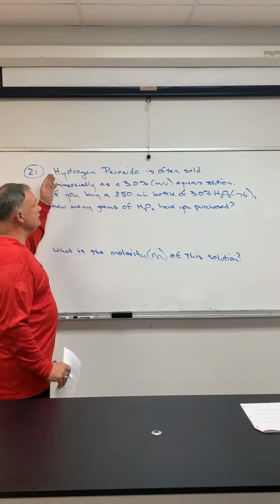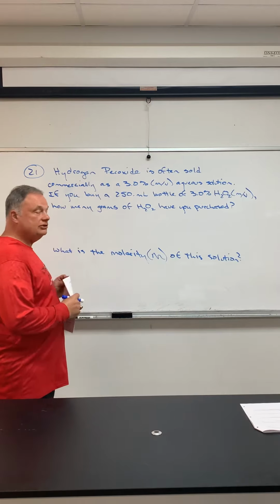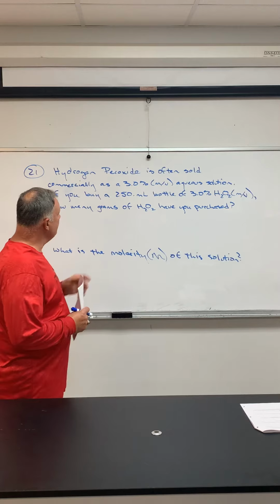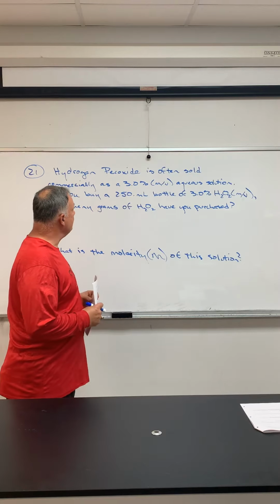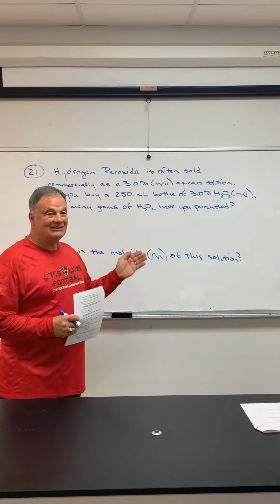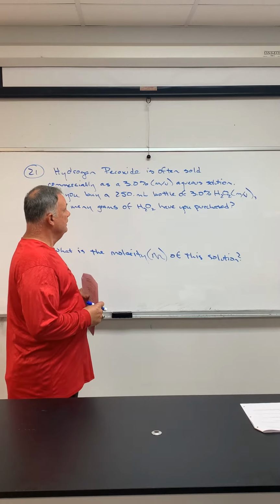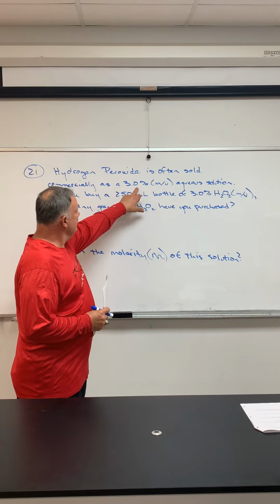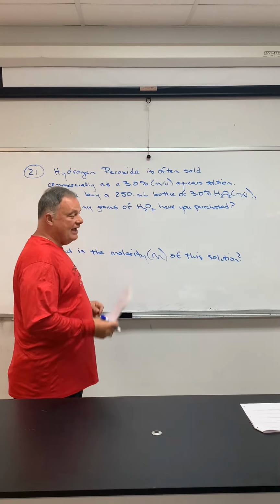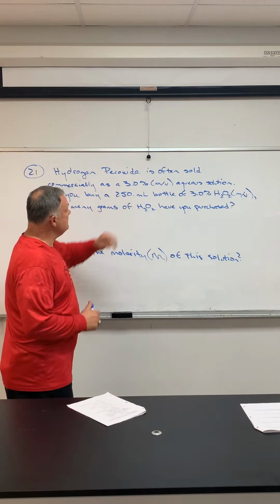It talks about hydrogen peroxide. It's often sold commercially, which you know. It's sold at a 3% or 3.0% mass to volume ratio. So in solving this problem, the first thing that you have to do is understand what that physically means.